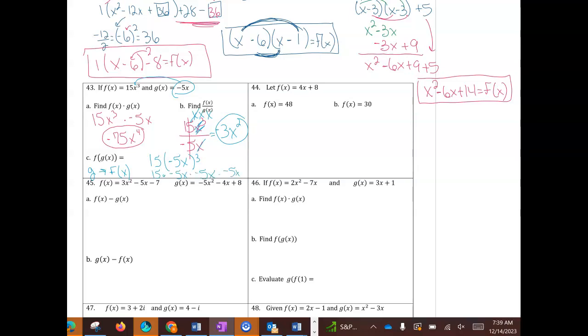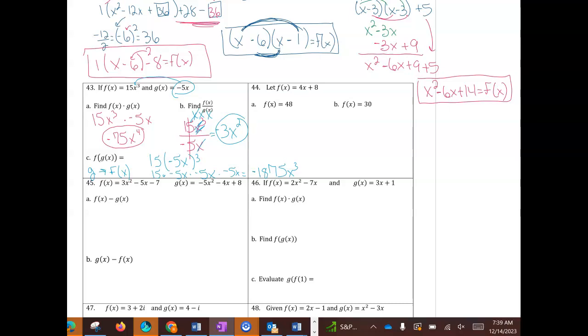And if I just go and try to clean that up, then I get -1,875 if I multiply the 15 with the -5's, x to the third. So the idea here is just no parentheses when we're done. You simplify it as much as you possibly can.